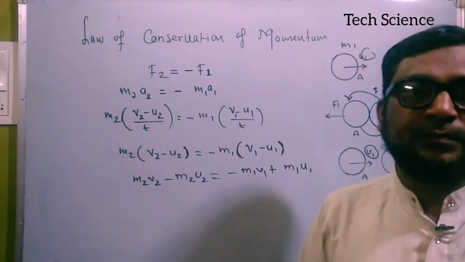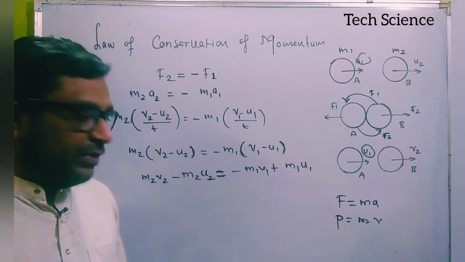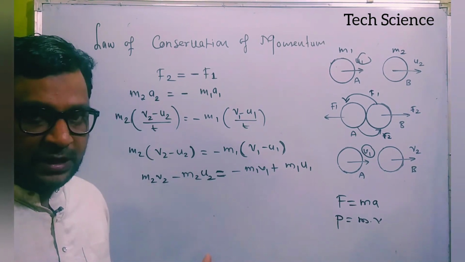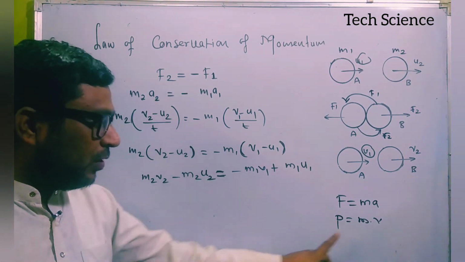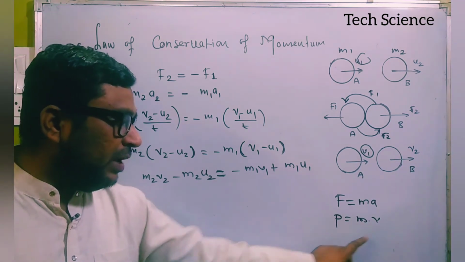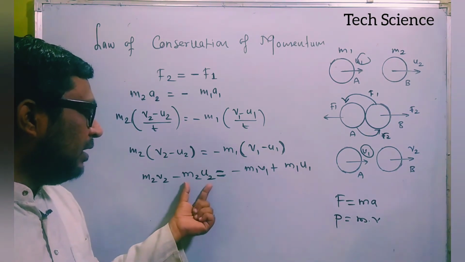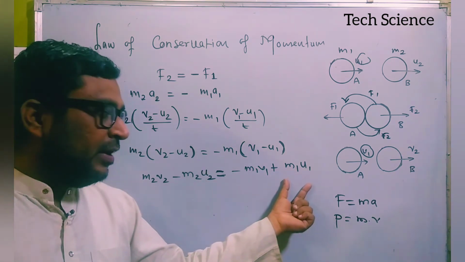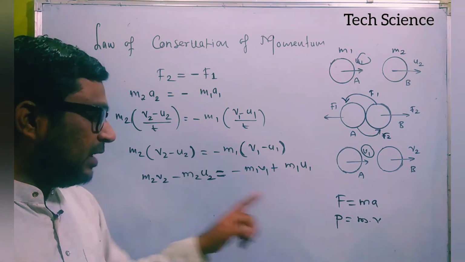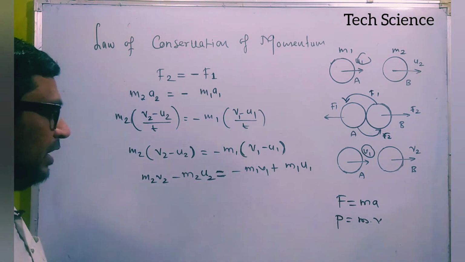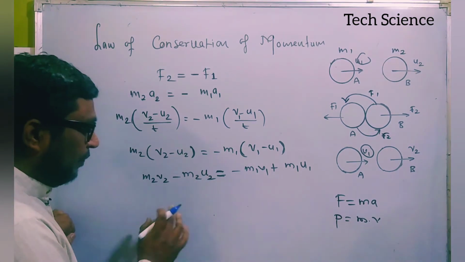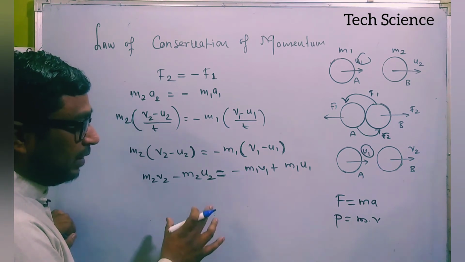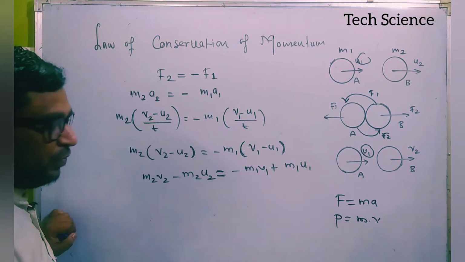Okay, now we just rearrange the equation, because of final velocity and initial velocity. Now we know the formula for momentum: p is equal to m into v. It means m2 v2 here, m2 u2 here, m1 v1 here, m1 u1 here. These terms are concerned with momentum. So if I have to relate the initial momentum with the final momentum, what should I do?